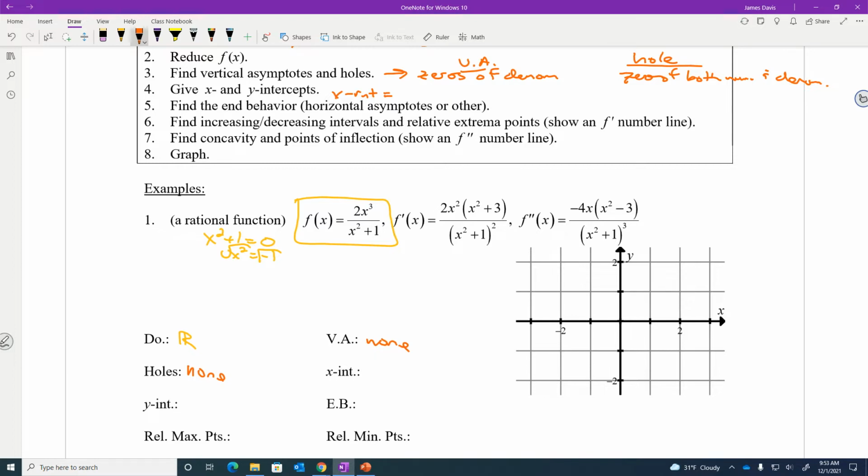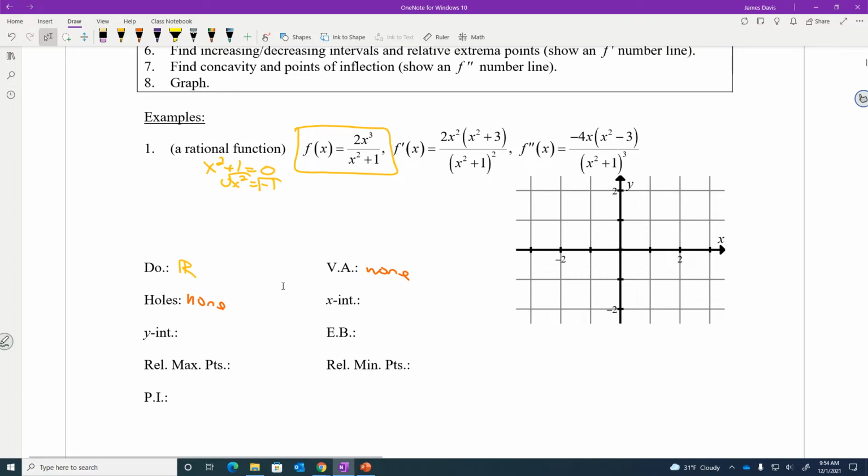The denominator will be undefined. So the x-intercepts are always zeros of the numerator. So for this one, what's our x-intercept? Yep, just 0. You could write it out if you want to, but you can clearly see 2x cubed equals 0. Obviously, 0 is 0. So x equals 0.